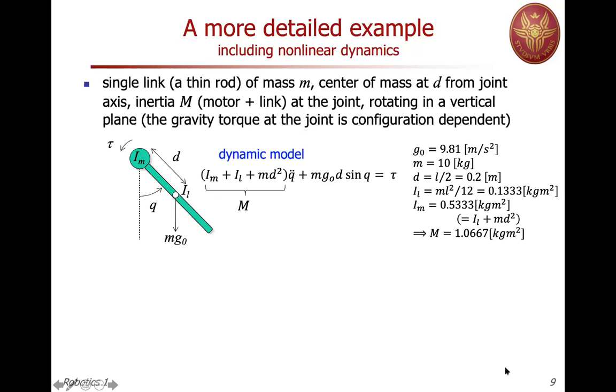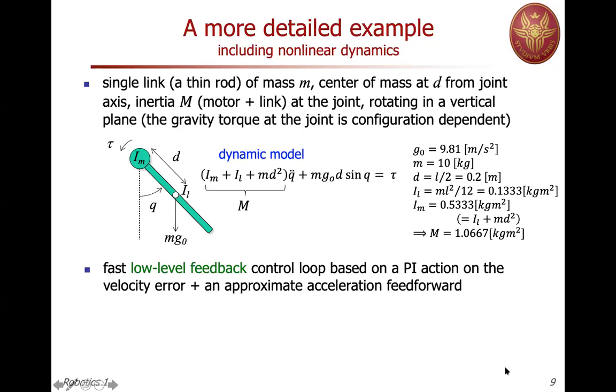And if you look carefully at the sign, you see that the gravity force is pushing clockwise down this link, while the positive torque is counterclockwise. So if you bring this term to the left-hand side, this will oppose the torque. Okay, so you can write the model in this way. And here I put some physical numbers that represent what happens in this case.